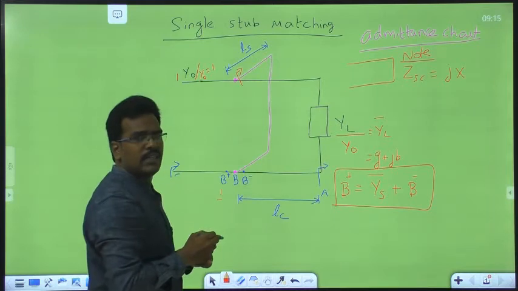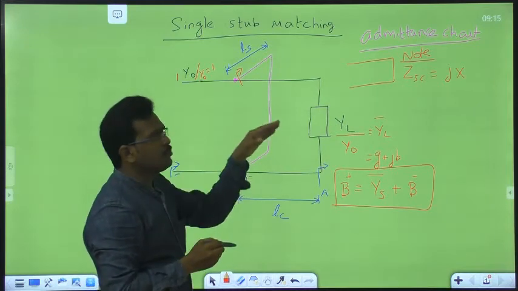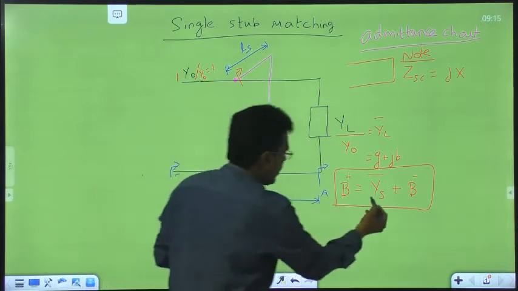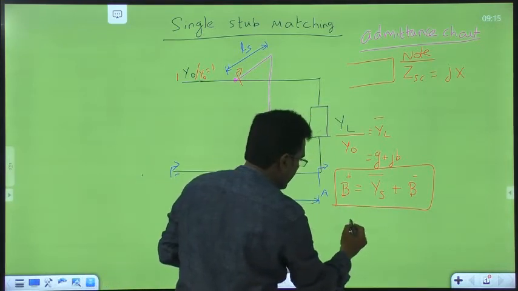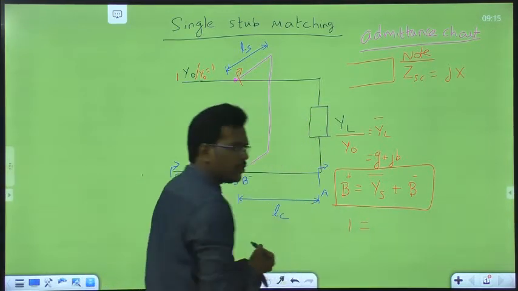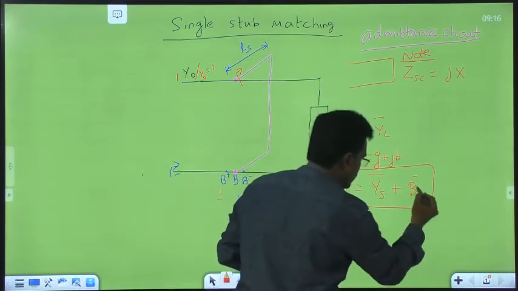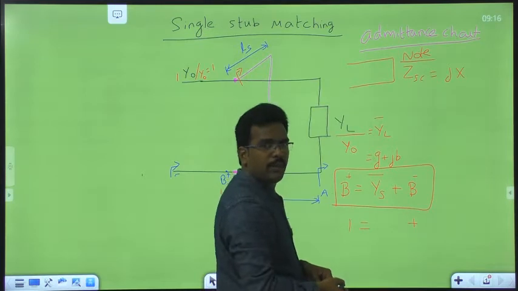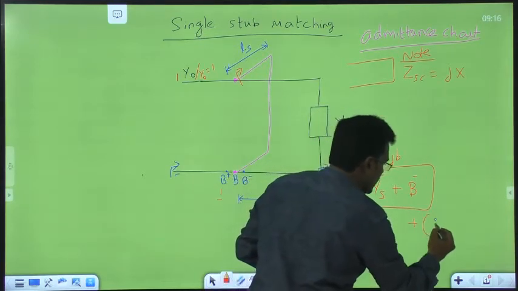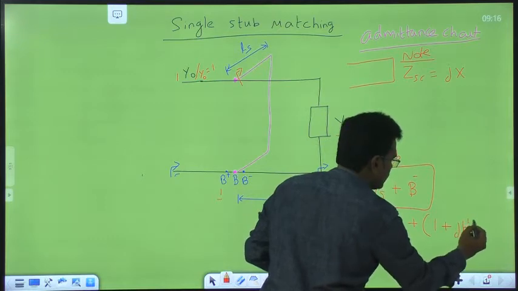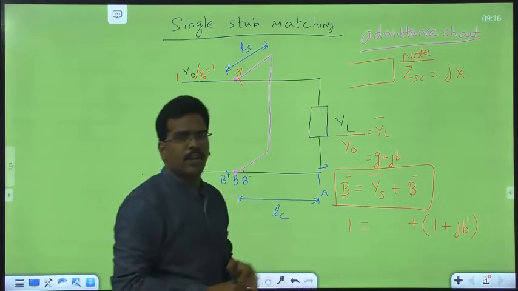Looking from this side, the stub is going to offer some input admittance of some imaginary value. So it should be 1. You have to choose the admittance of the B minus point in such a way that it contains a real part of 1 and some imaginary value.